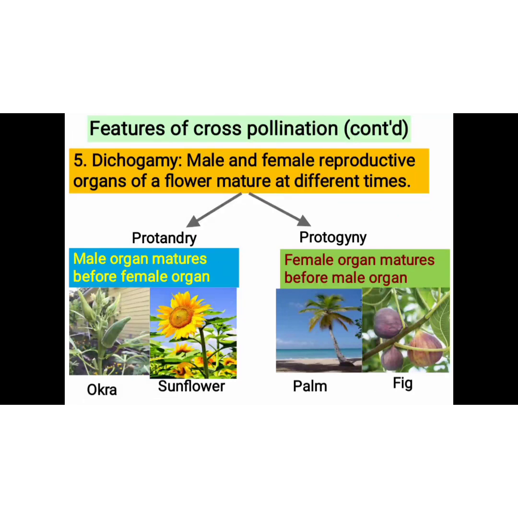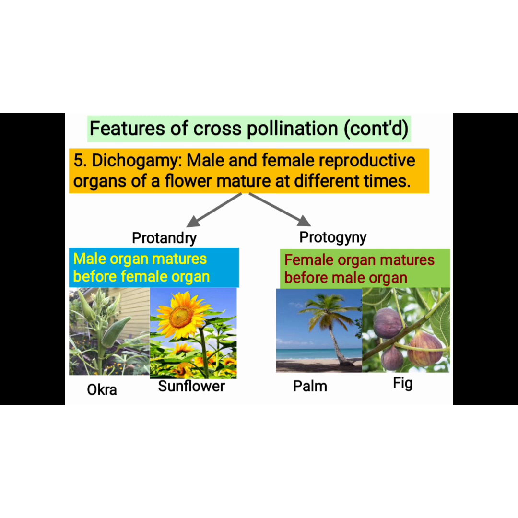Now, let's talk about feature number 5, dichogamy. In dichogamy, male and female reproductive organs of a flower mature at different times. Dichogamy is divided into two. First, we have protandry. Second, we have protogyny.